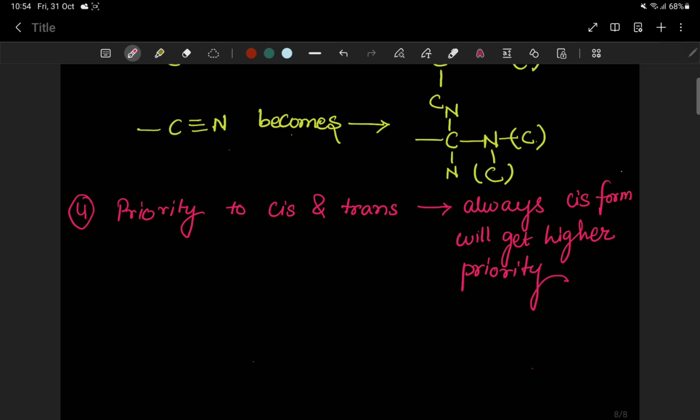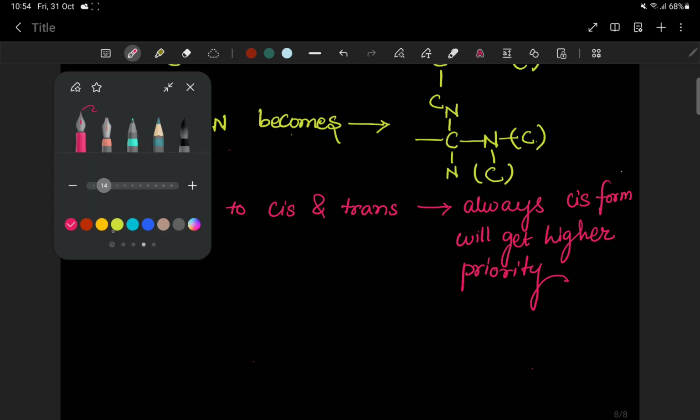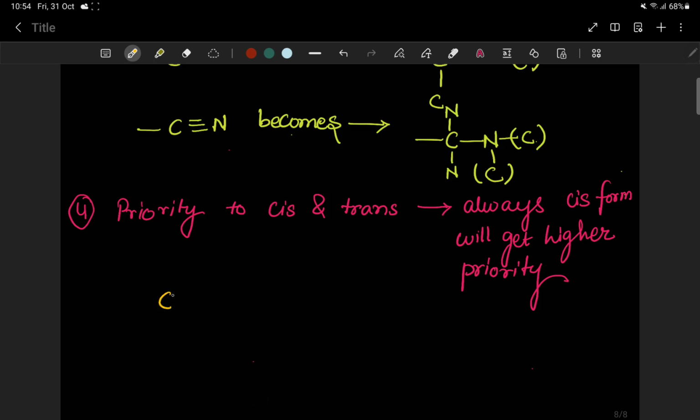Okay, for example, this is a carbon, this is a carbon, I have chlorine over here and hydrogen over here. Then, let's say I will draw a trans over here. I have a carbon, then a double bond, then here I have C2H5, and here I have hydrogen and hydrogen.